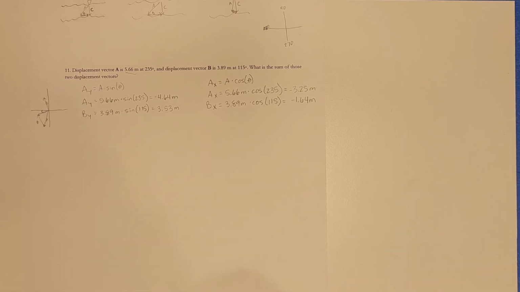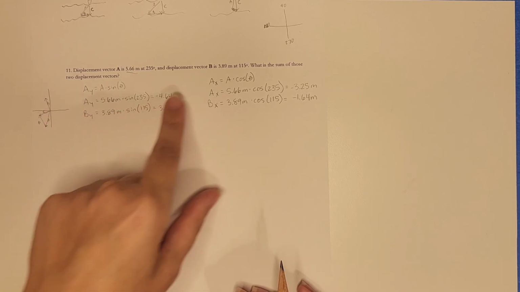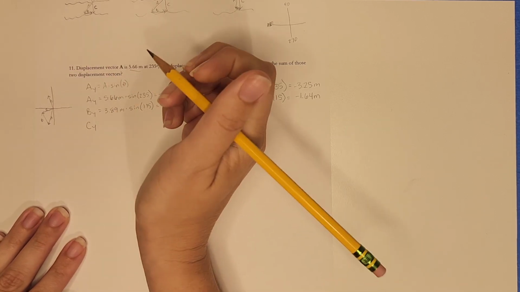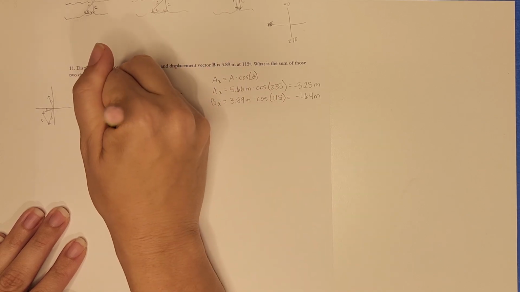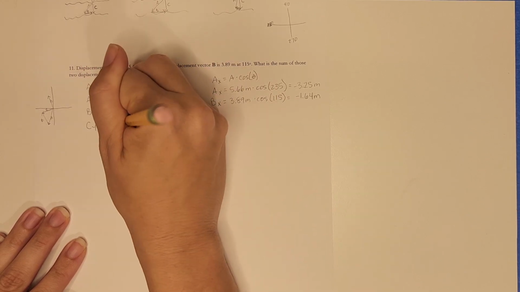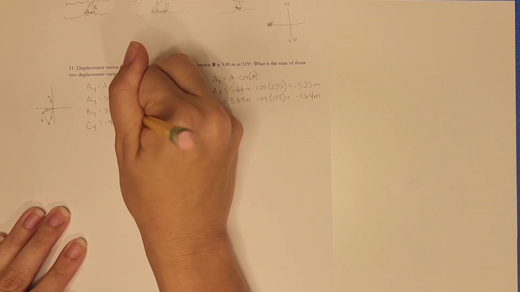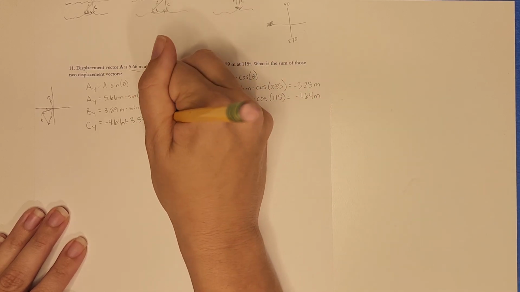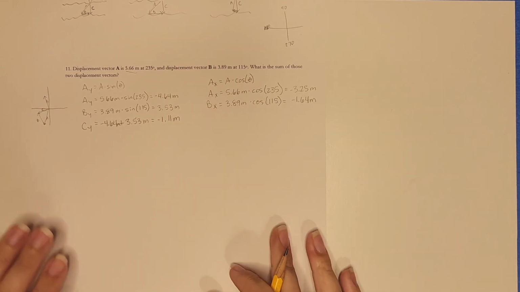I can now determine c. So c of y or x is going to be the addition of them, all right? So cy is going to be negative 4.64 meters plus 3.53 meters, and we'll get negative 1.11 meters from that.